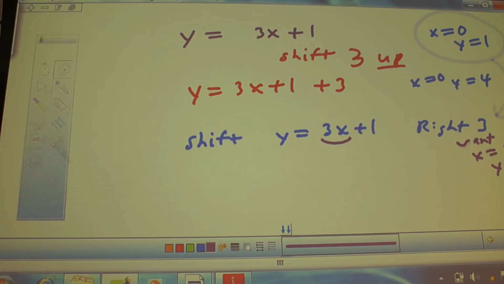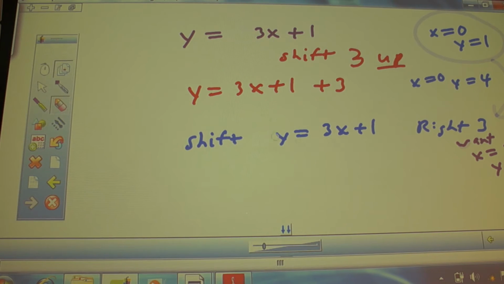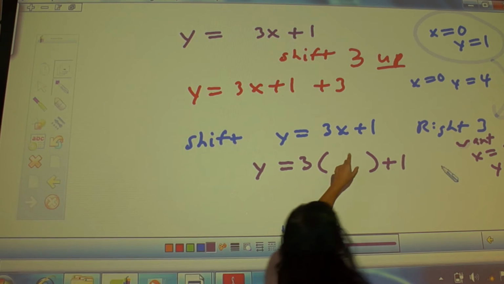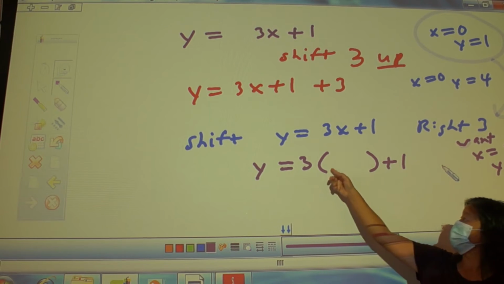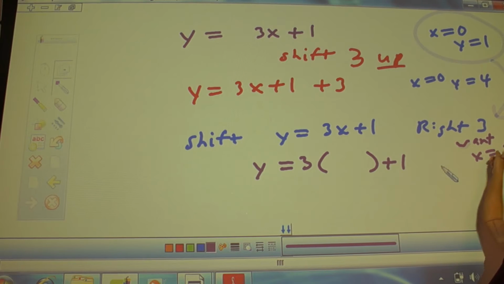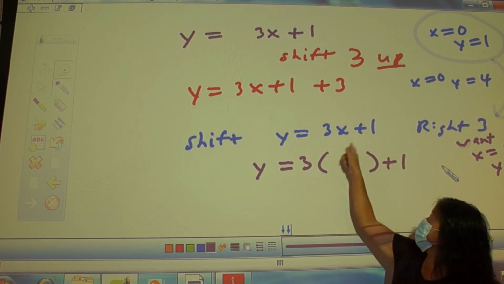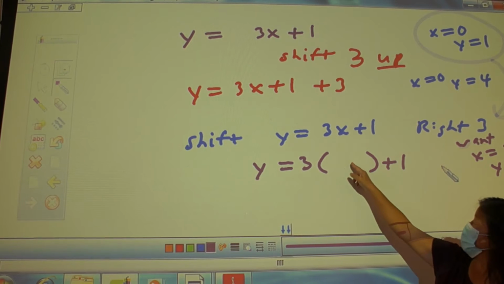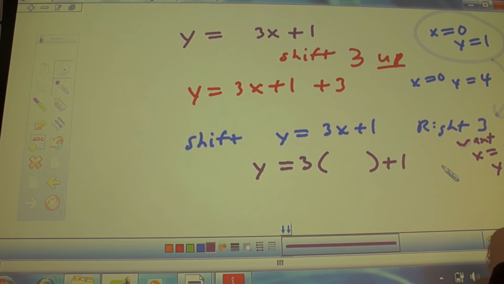The way to do that is a little bit tricky. I'm going to throw you guys off a little bit. Right where x is, I'm going to replace x with x. I need this part to be 0. How to make it 0 if x is 3? This has to be minus 3.